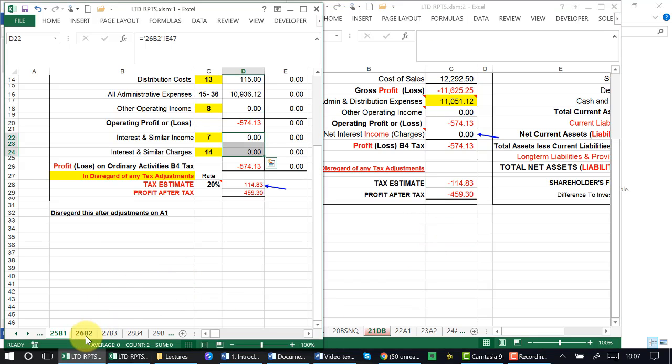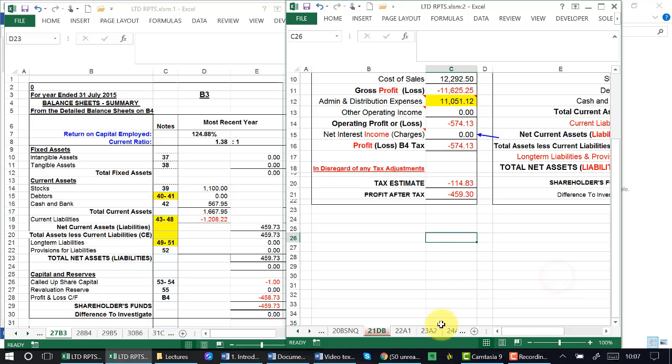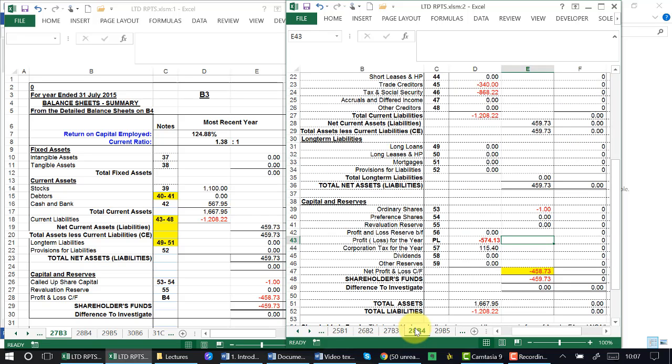All right, now next move to B3 and B4. Currently we've got B4 as B2, because that's what it was.